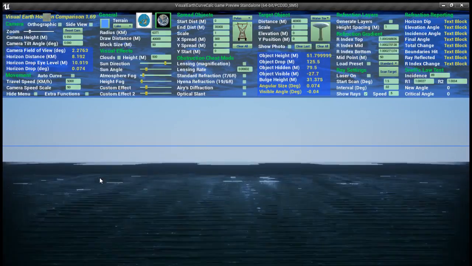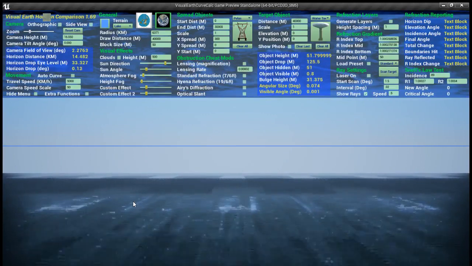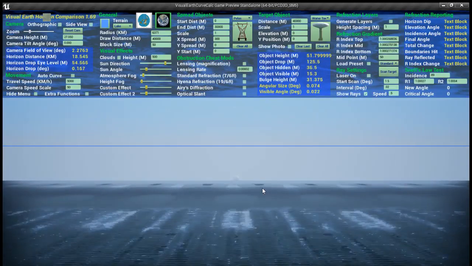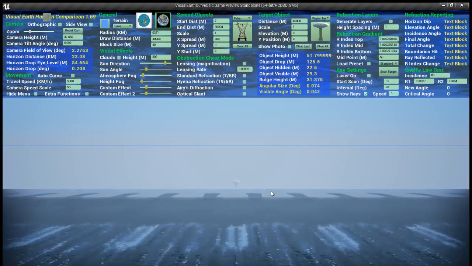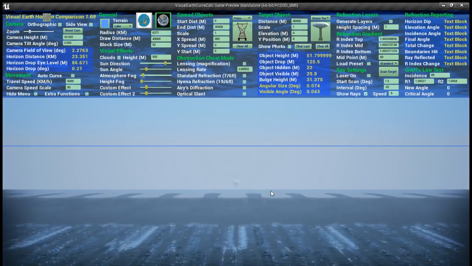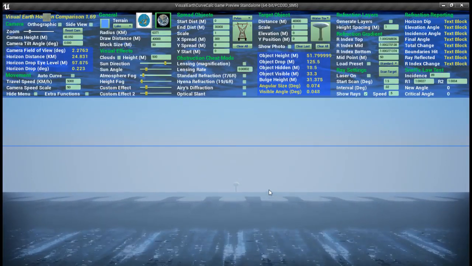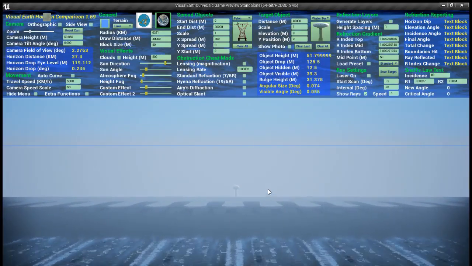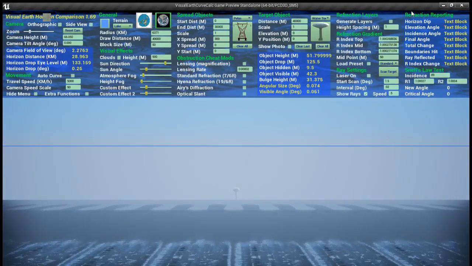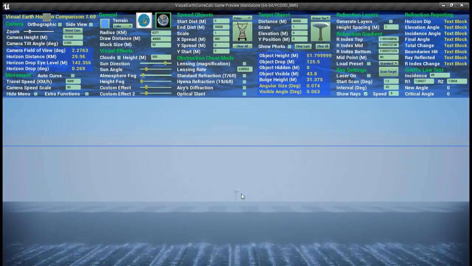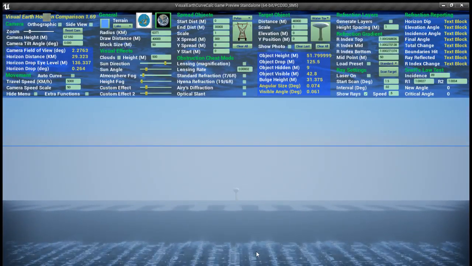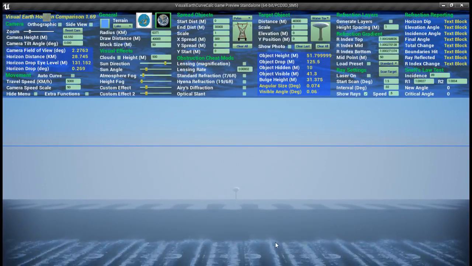I mean, I guess I just did build this to test observations, but the only thing is it's going to generate layers only to the top of the object, not all the way to the viewer.